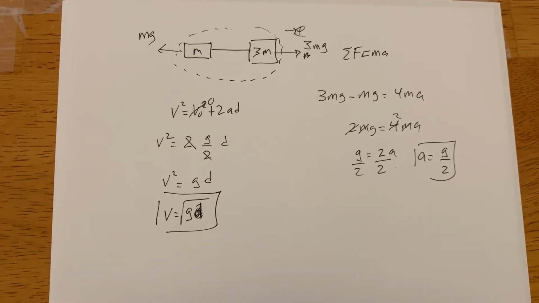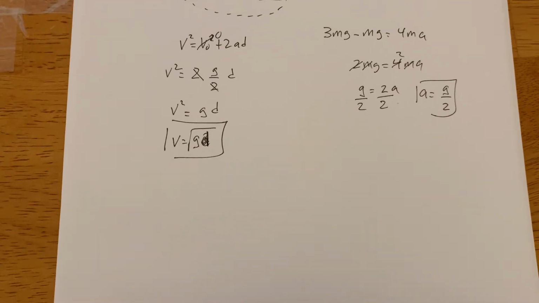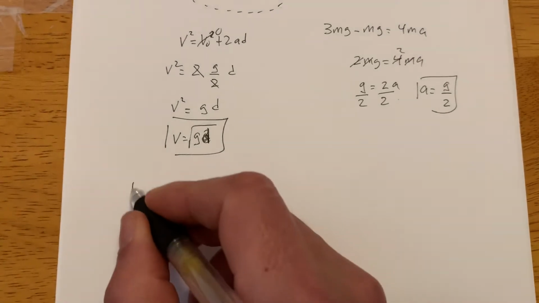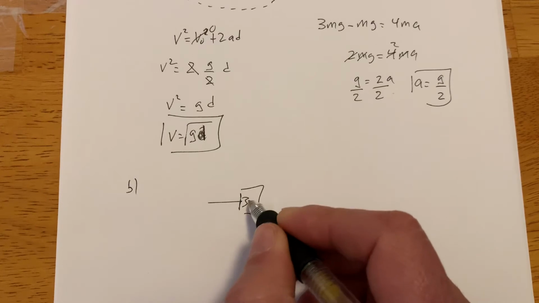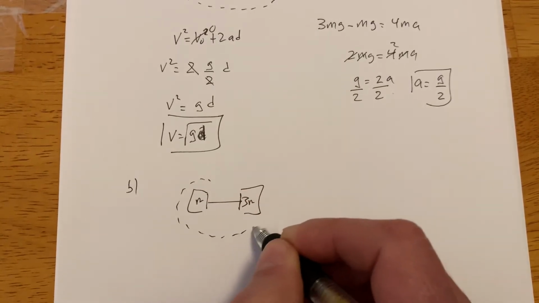Okay. All right. So B. Determine the work done by the string. So I'm going to draw this that I did before. 3m. That's m. And here's my system.